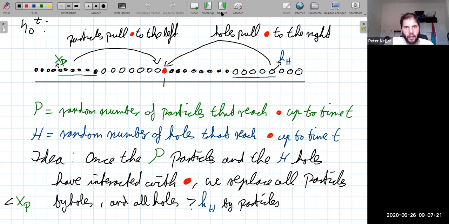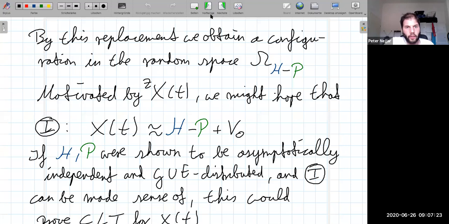Now, if I do that replacement, I get a particle configuration which lies in the random state space omega_{H-P}. But for deterministic indices of omega, we saw that we know everything about the second-class particle.